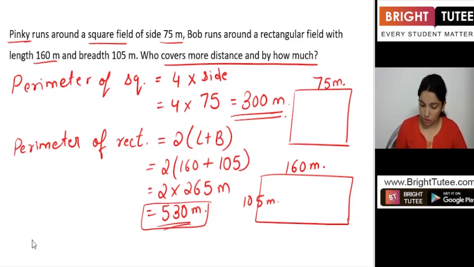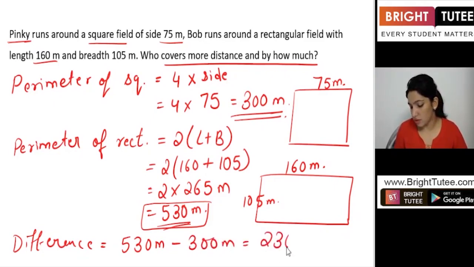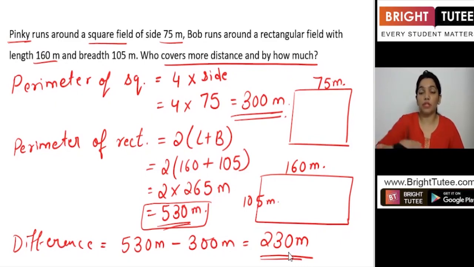So the difference we calculate by doing 530 take away 300, right? So 530 meters take away 300 meters, the answer is 230 meters. So this is the difference in the total distance that Bob is covering compared to Pinky. This is how much more he's running compared to Pinky.